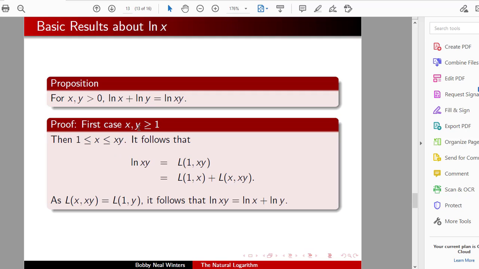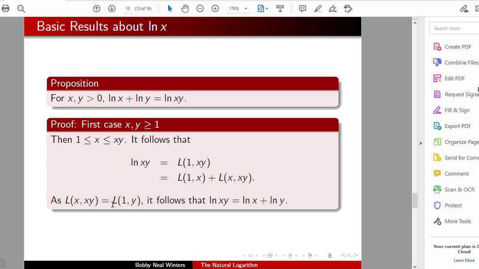So the first special case we consider is x, y greater than or equal to 1. Then 1 is less than or equal to x, less than or equal to x times y. So it follows that the natural log of xy is equal to L of 1 to xy, and this will be equal to L of 1 to x plus L of x to xy.